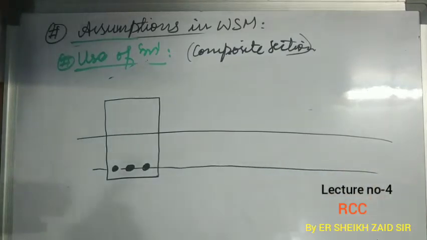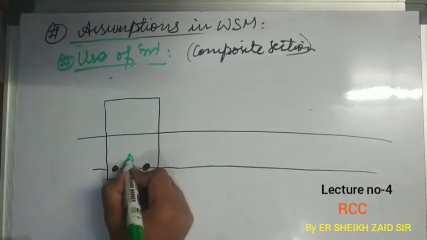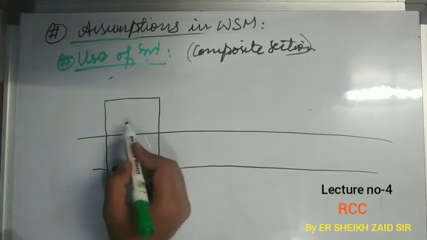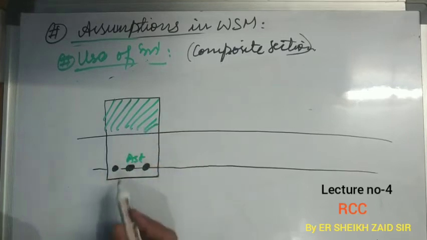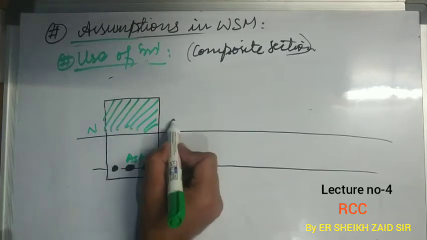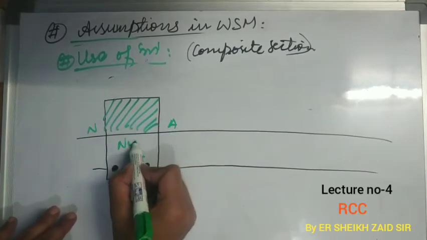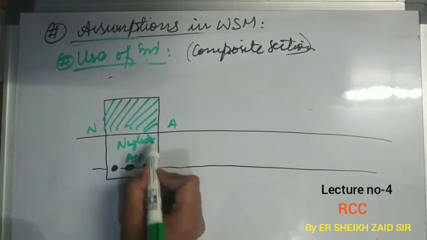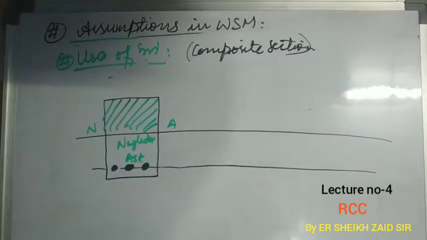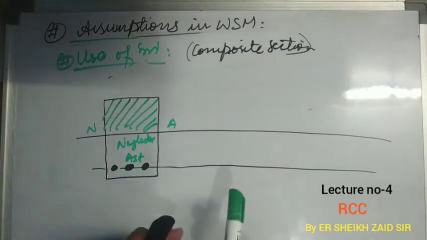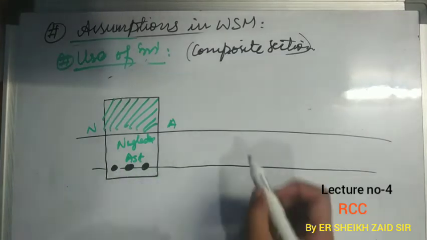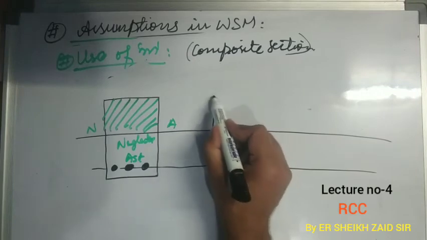Now, if we have neglected this, this is simply our AST. If we have considered only concrete above the neutral axis, and we have neglected this portion of concrete, and if we convert this AST into equivalent area of concrete, the new section will be just like this.